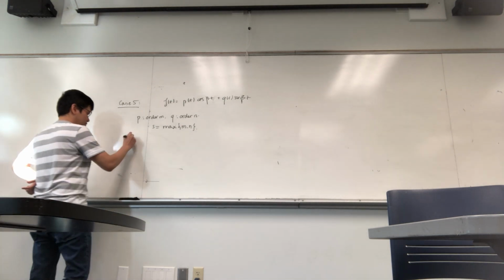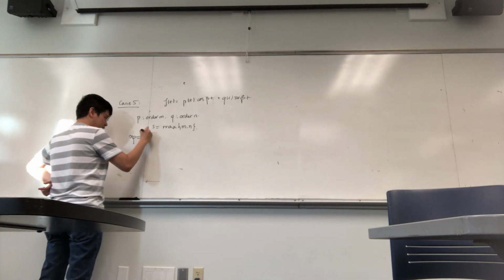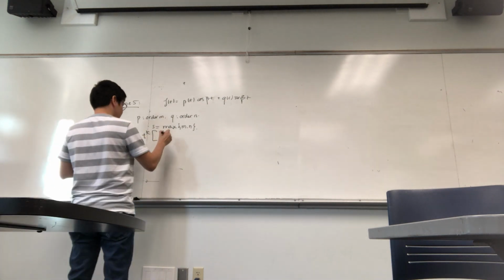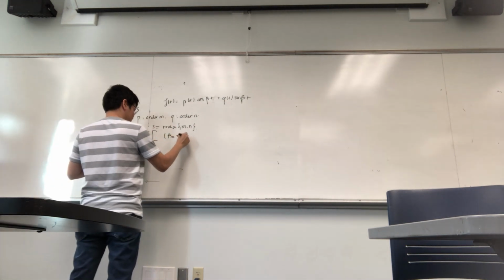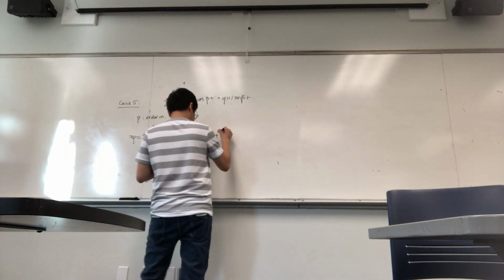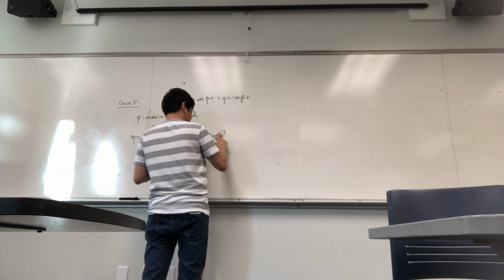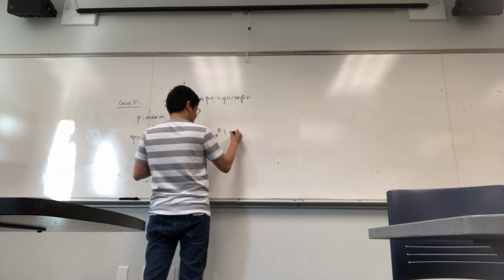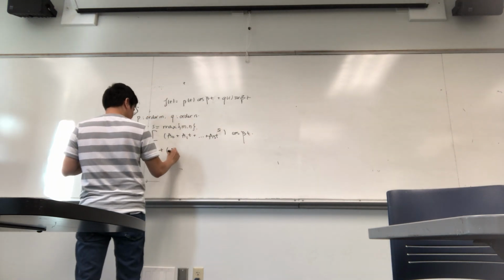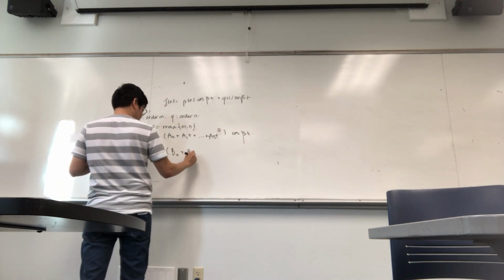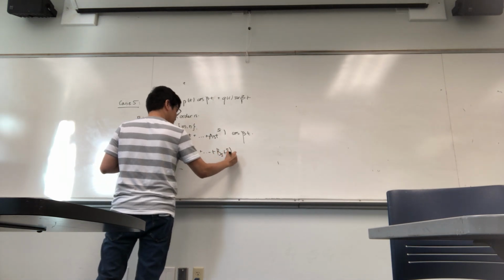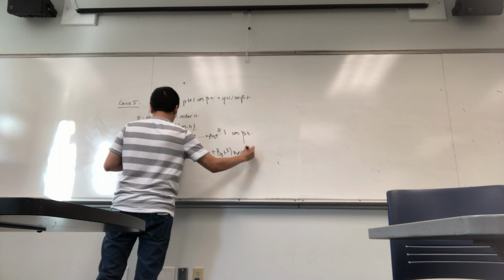So the xp will be t to the k times (a0 plus a1 t plus ... plus as t^s) cosine of beta t plus (b0 plus b1 t plus ... plus bs t^s) sine of beta t.